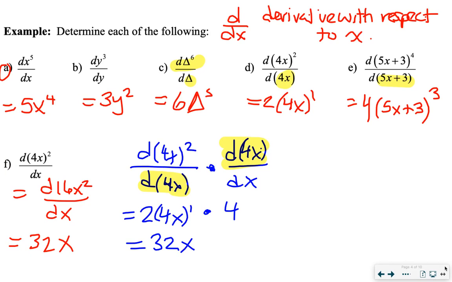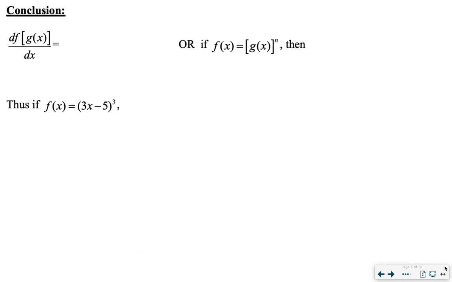So if we look at the 4x squared, right, that's a composite function, with g of x being the 4x and f of x being x squared. Right, so I can use that power rule, and then I took the derivative of the g of x. So this is actually what my chain rule is.